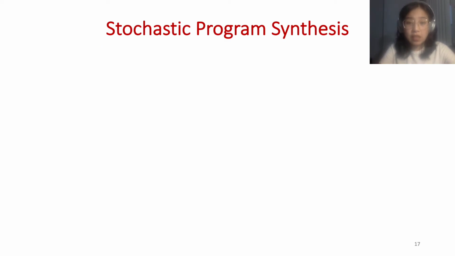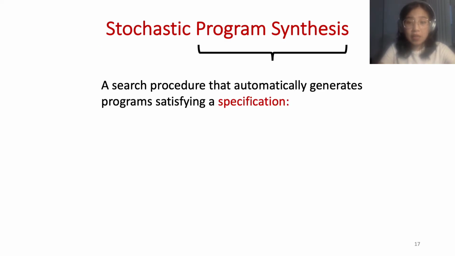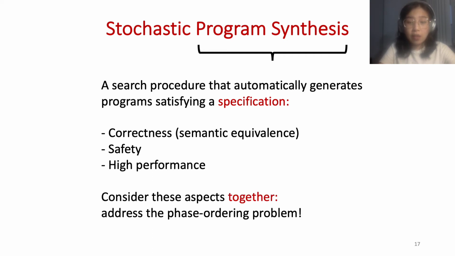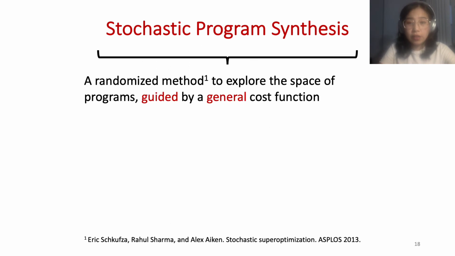Program synthesis is a search procedure that automatically generates a program satisfying a specification. Our specification is complex, combining correctness, safety, and high performance. By considering them together in the search, we address the phase ordering problem. Stochastic synthesis is a randomized algorithm to explore the space of programs based on the MCMC method.